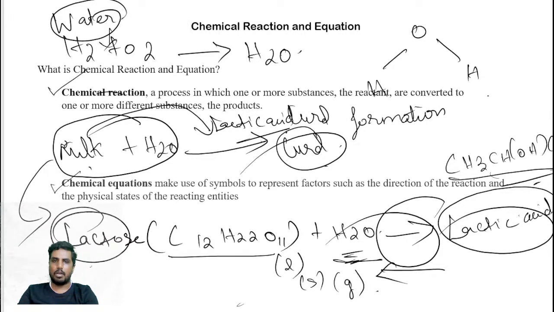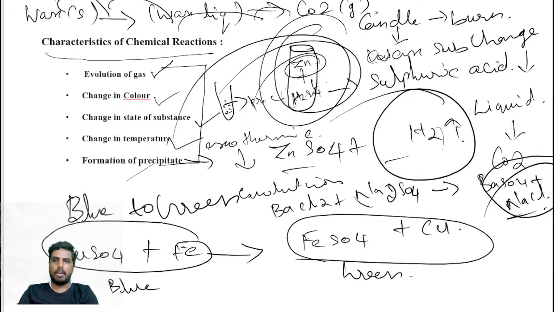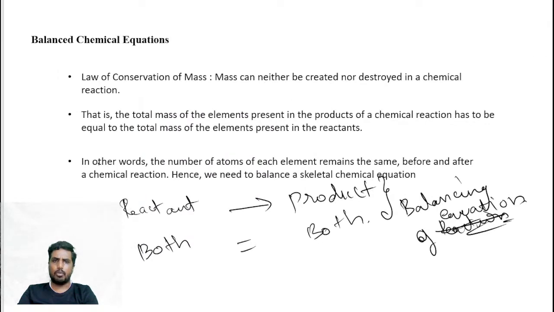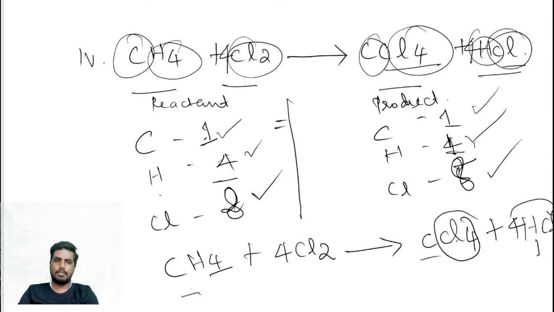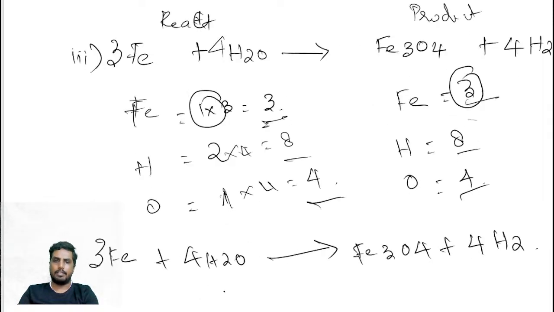I hope you have noted down the definitions for chemical reaction and equation with examples, and we have discussed about characteristics of chemical reactions, what are the characteristics that will happen when the chemical reaction is involved in the process, and we have discussed about the balanced chemical equation. What is meant by balancing the chemical equation? We have seen different examples in today's class.